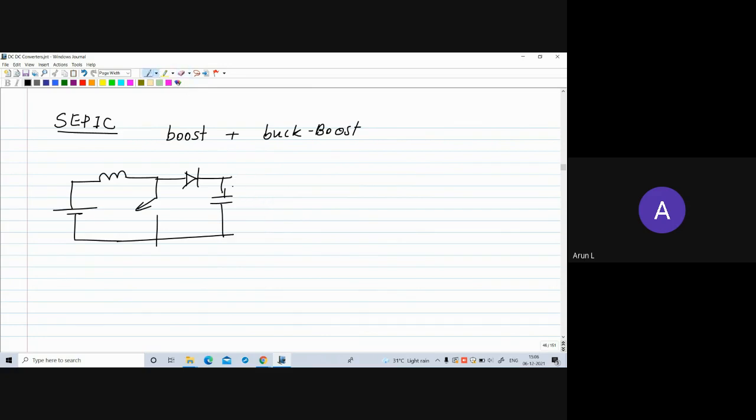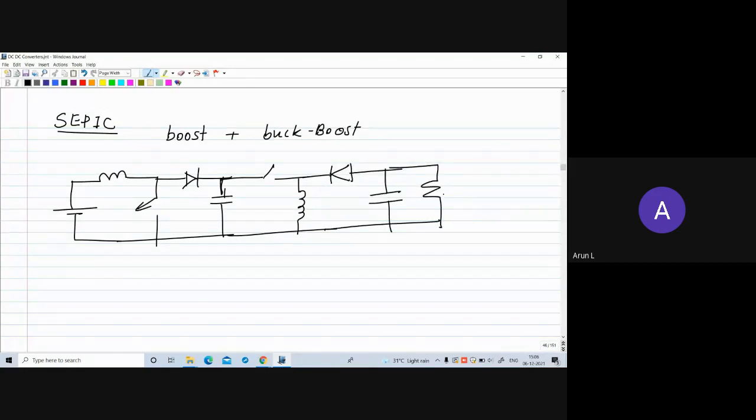Then follow it with a buck boost topology. So in the buck boost topology, we have switch, inductance, and a diode like this. This is the buck boost converter. And here also apply the same logic. This combination of diode, switch, and capacitor can be replaced by a simple coupling capacitor, and just flip the diode.